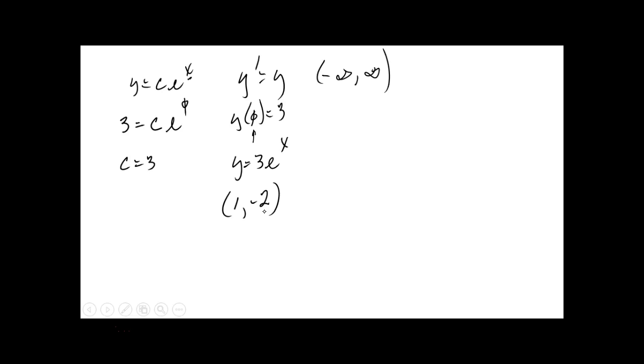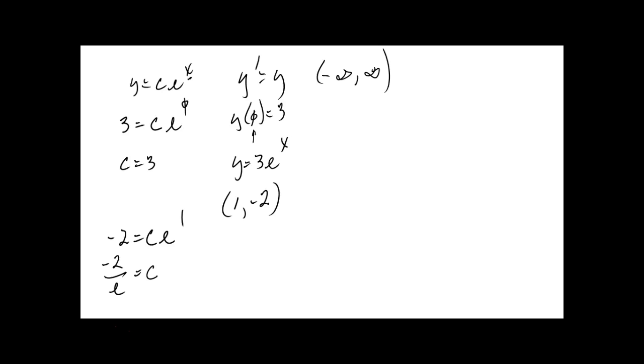Now you say the y value is -2. That'd be -2 is equal to c e to the first. So c is equal to -2 over e. That would be the value that you would have, okay?